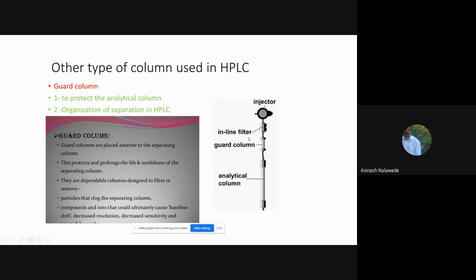Now, what is the function of this guard column?